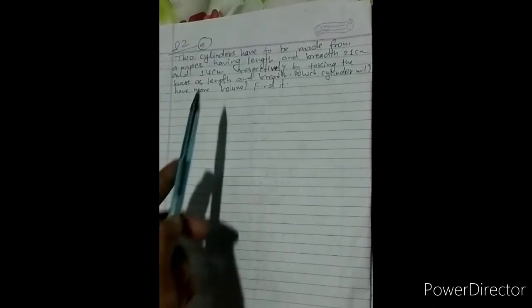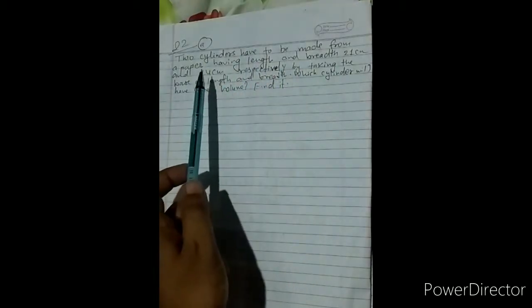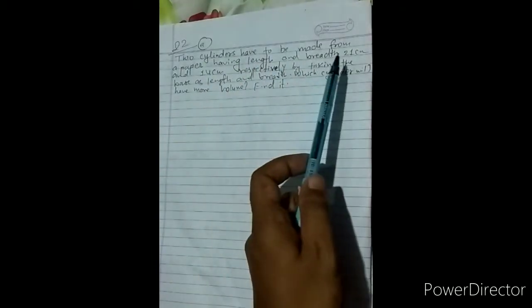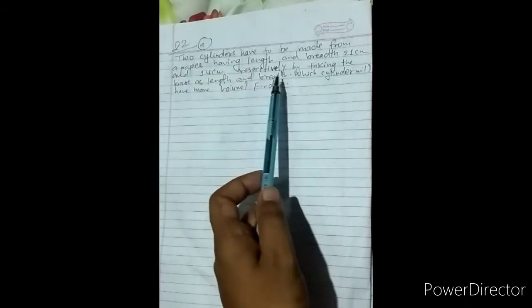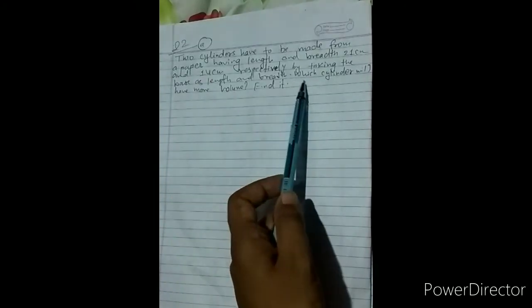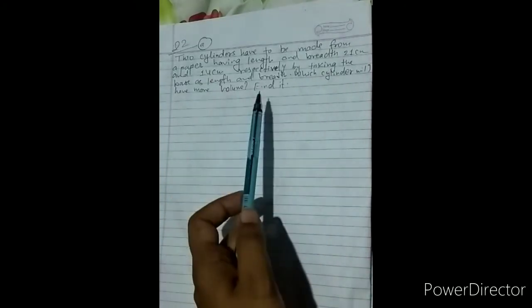Okay, next question. Two cylinders have to be made from paper having length and breadth 21 centimeter and 14 centimeter respectively. By taking the base as length and breadth, which cylinder will have more volume?